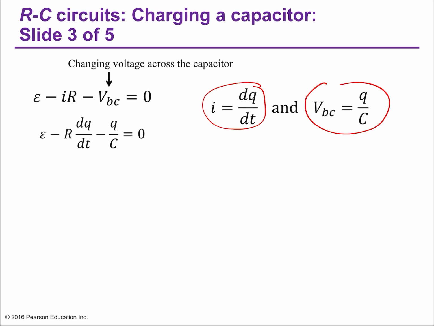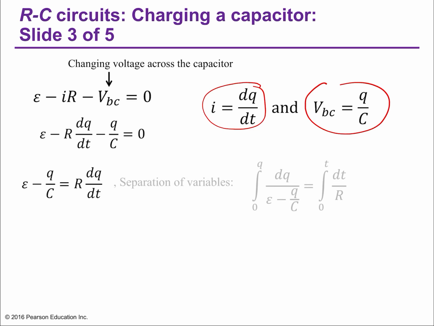To solve this differential equation, we have to use the method of separation of variables. So we rewrite the equation, move one variable to one side, the other variable to the other side, and then integrate.